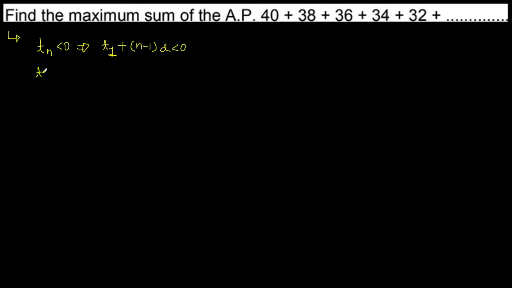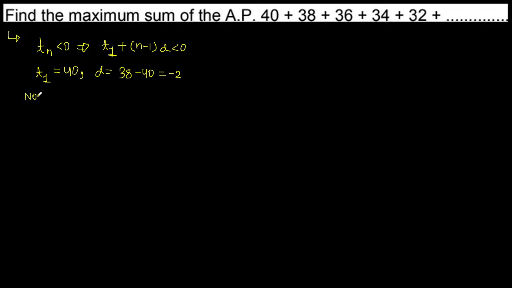So we find that T1 is 40, D is equal to 38 minus 40, which is minus 2.